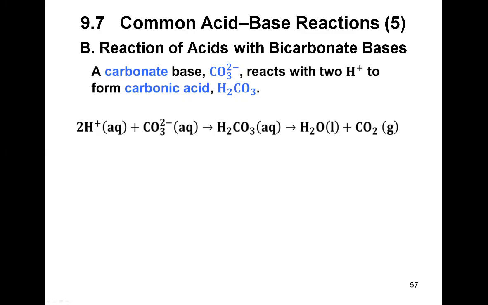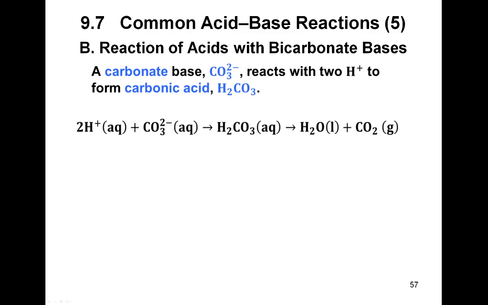So the reaction here shows how the 2 H+ combined with the carbonate ion. And so when you put those two together, the 2 H+ become H2CO3. The 2 negative charges from the carbonate cancel the 2 positive charges from the 2 H+. And so H2CO3 is the carbonic acid, and that's a neutral molecule.